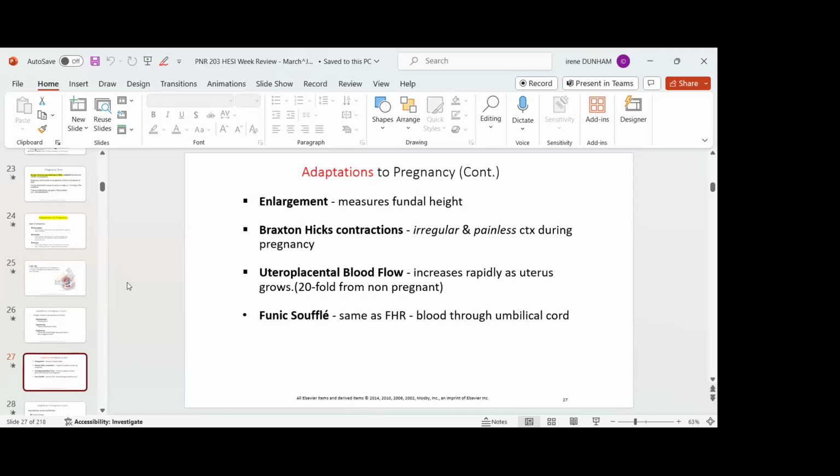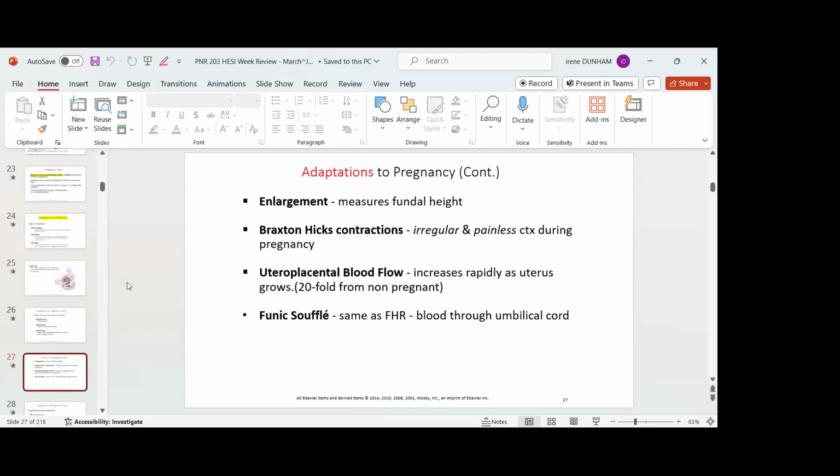I can send her for an ultrasound to see what's going on. What's the reason? Maybe she is diabetic and we haven't done a blood test. Maybe we go do a blood test to make sure. So fundal height is a great way to know if the fetus is growing like it should.